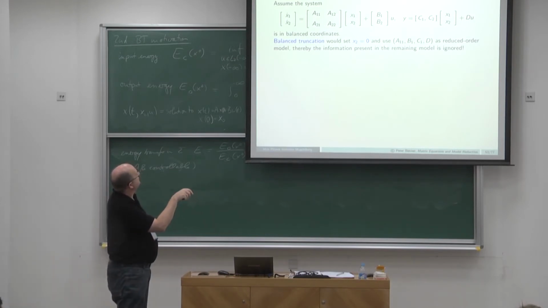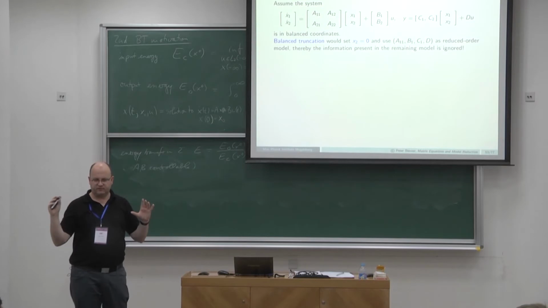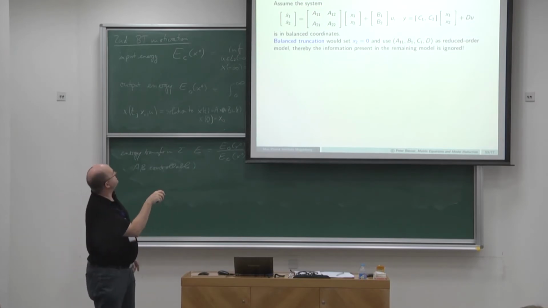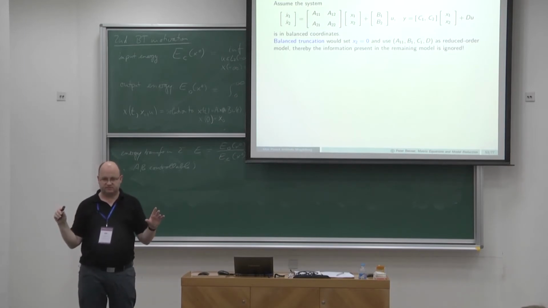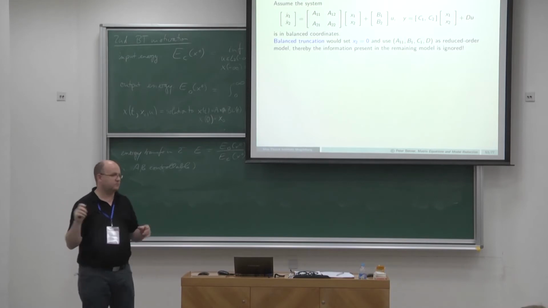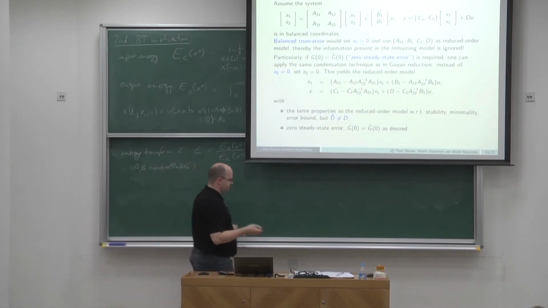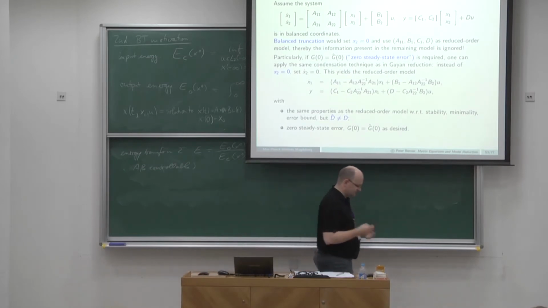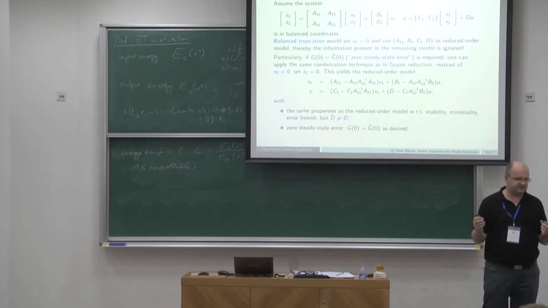So although you have computed this balanced system, there is information in these matrices A21, A22, A12, B2, C2 that you throw away in balanced truncation. So Guyan reduction or singular perturbation approximation or balanced residualization are ways to bring that information back into the system.